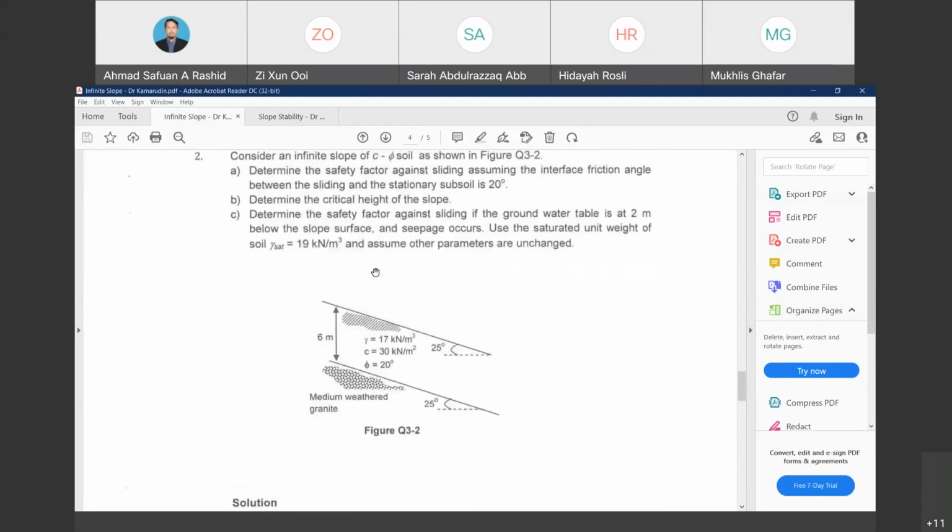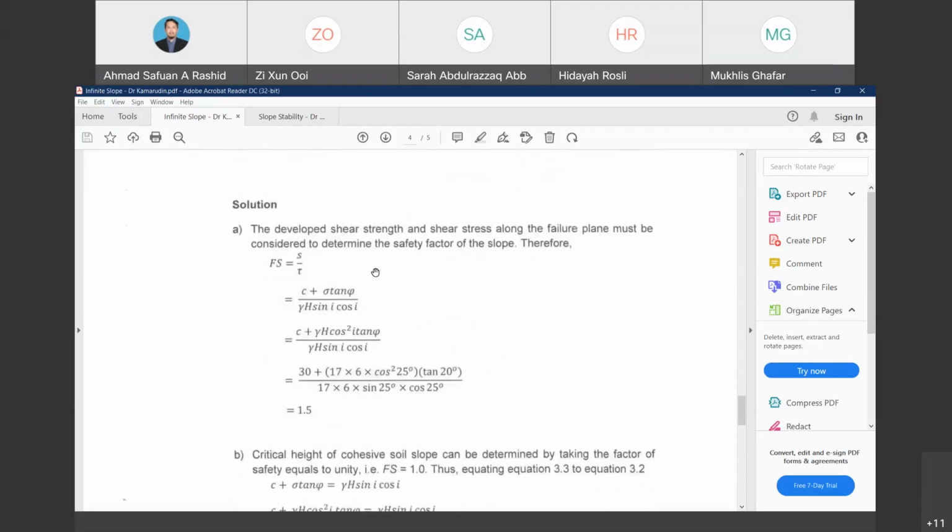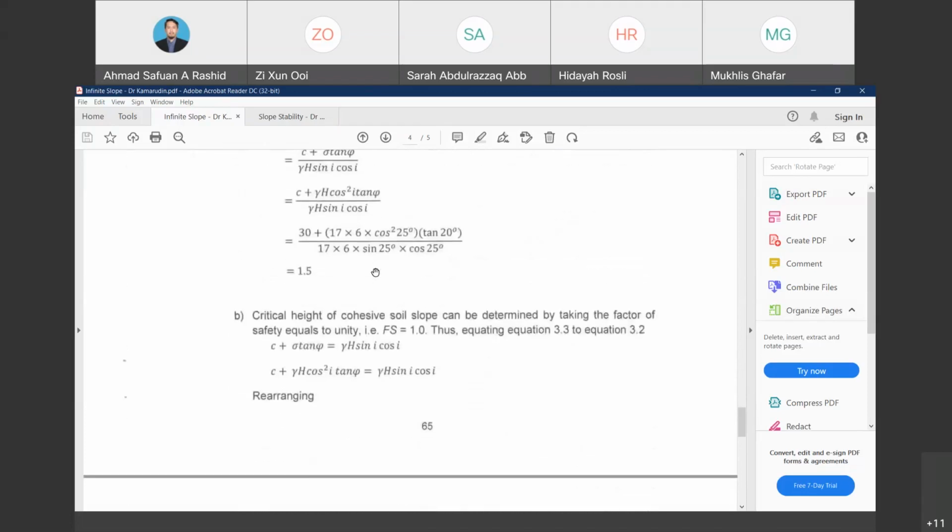Then for part B, determine the critical height of the slope. If we base on the Kamarudin equation, we need to put the shear strength on the left and the shear stress on the right.